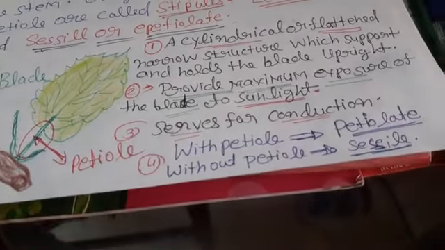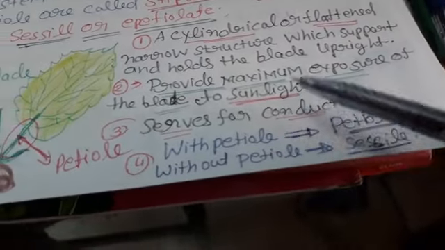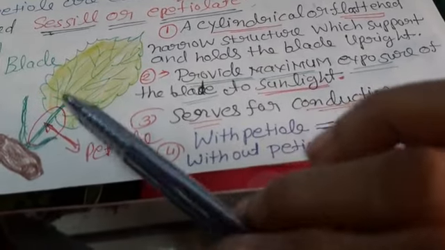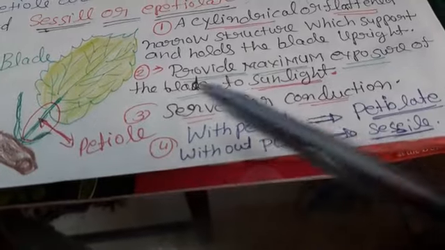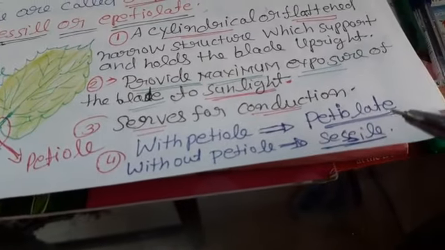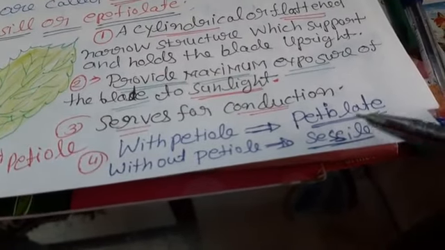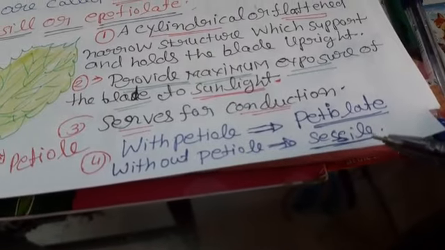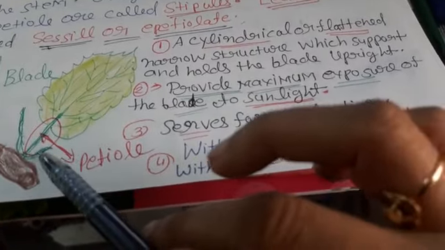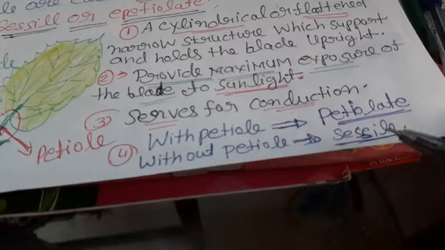The third function of the petiole is conduction. Leaves with a petiole are called petiolate, and without a petiole, sessile. If the petiole is absent in a leaf, it is called sessile.